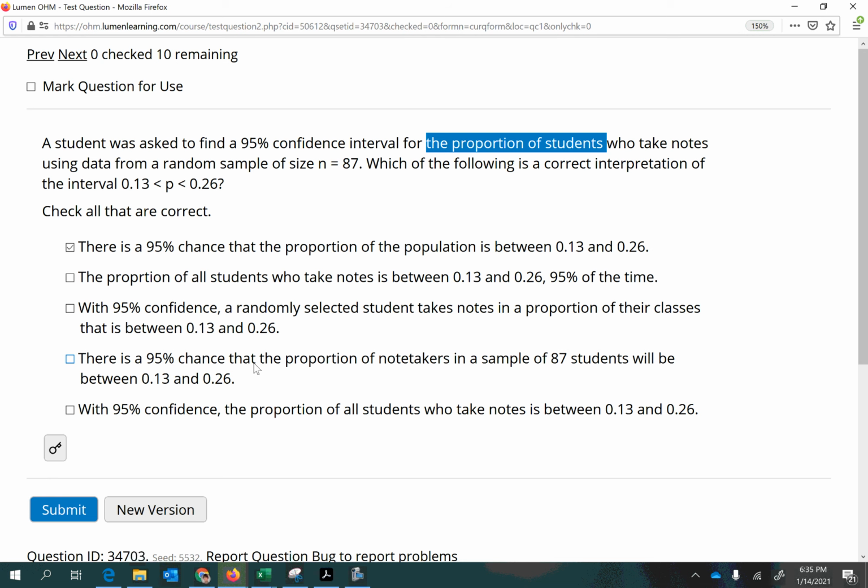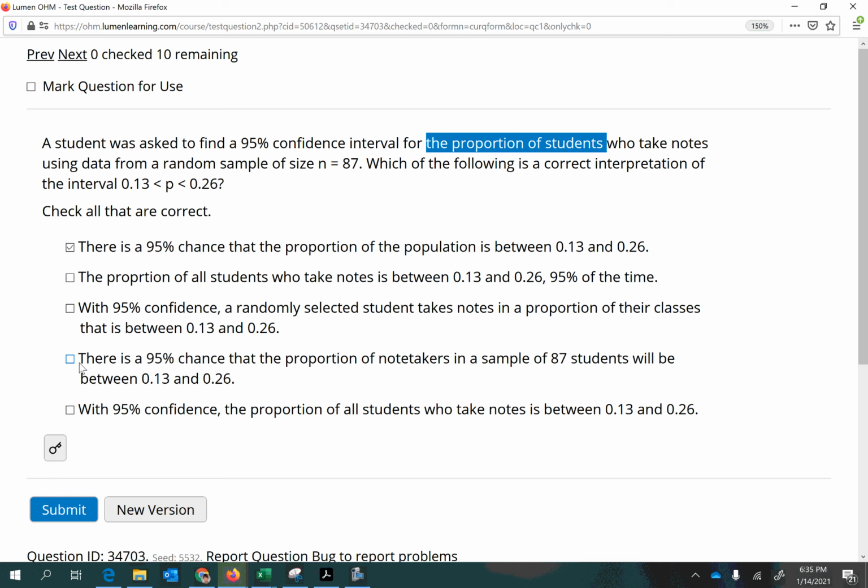We're not looking at each student and asking how many of their classes they take notes in. It was whether they take notes in general, and what proportion of a whole set of students say yes to that question. So that one is also not correct.